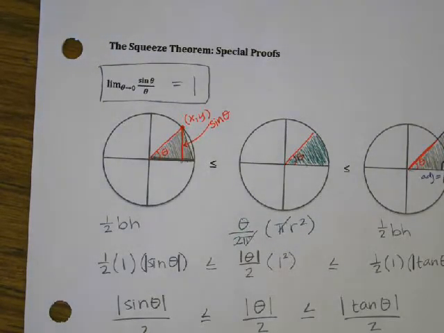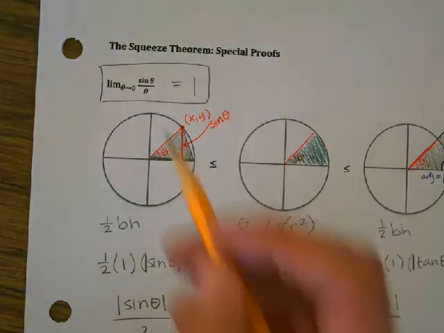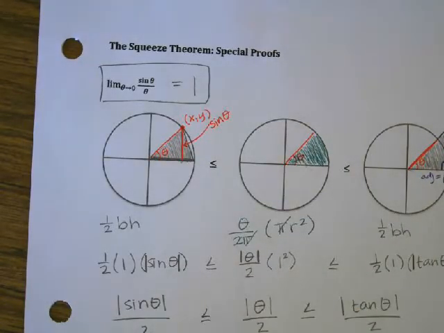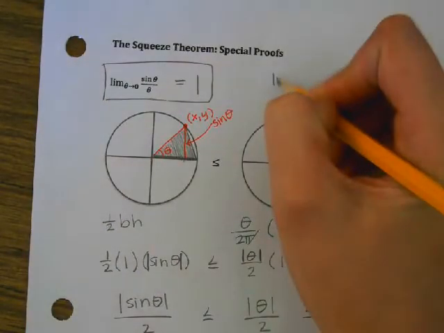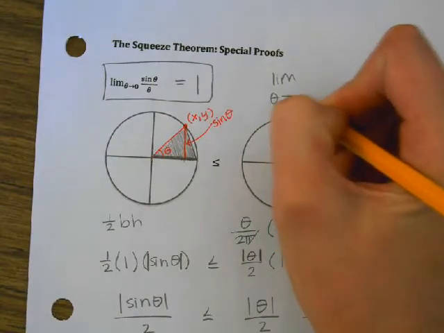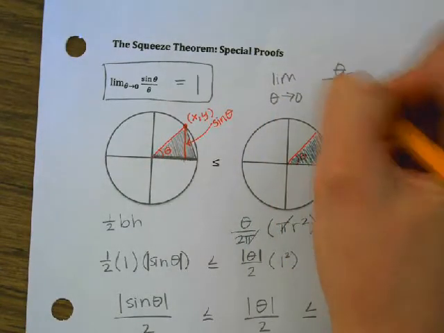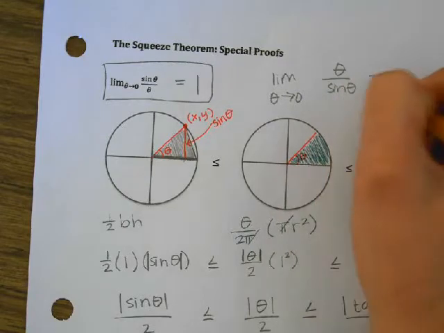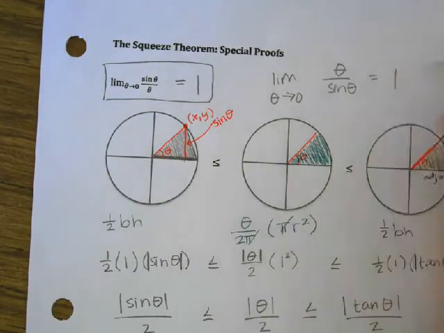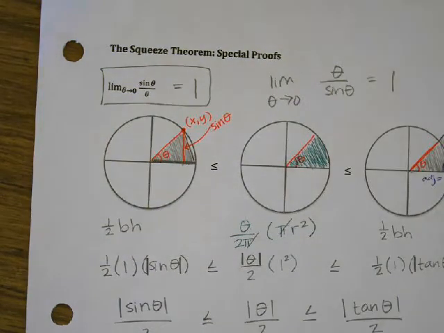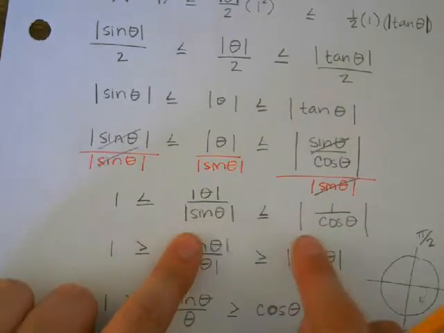That's it. Okay. Now, it can work. The flipped version can work as well. So if we were to try to find the limit as theta goes to 0 of theta over sine theta, that would also equal 1. Okay? Wait, I don't get that. That's because that's if we left it right here. Oh, that's the same thing.